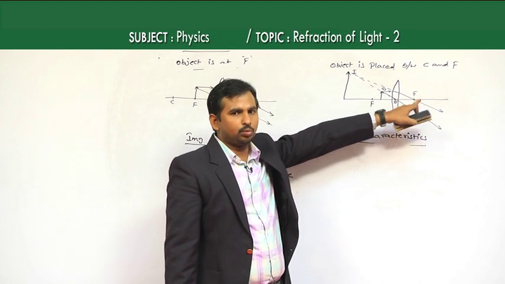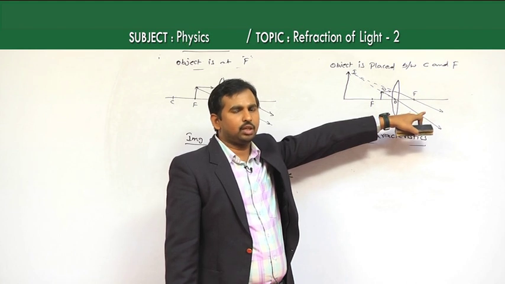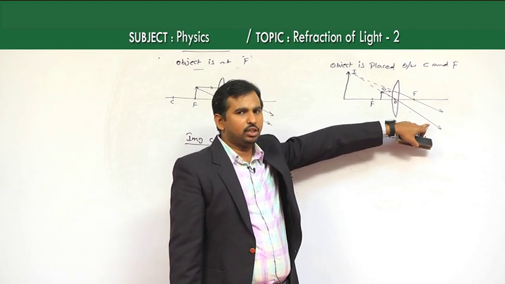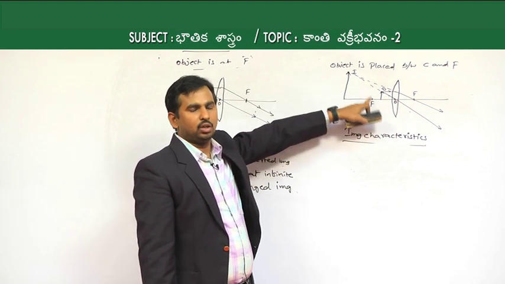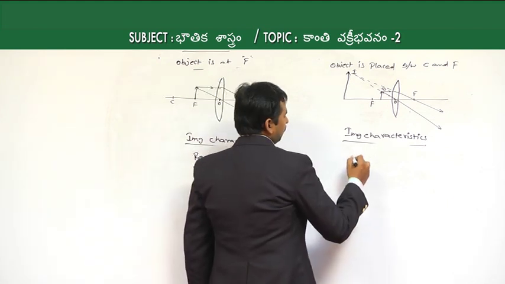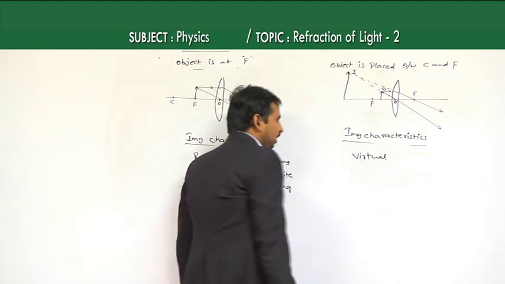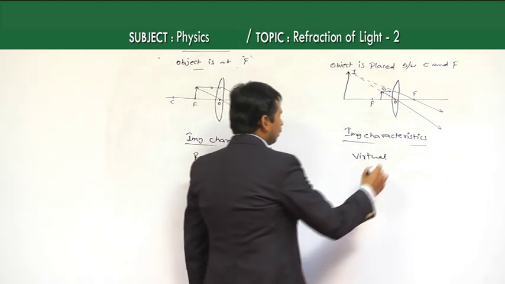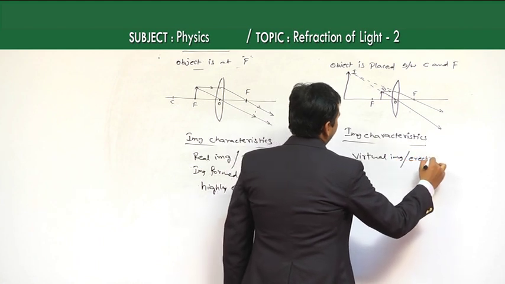After refraction, both refracted rays are going away from each other, so the light rays appear to meet at a point on the same side. So this is not a real image; this is taken as a virtual image, and all virtual images are erect images.